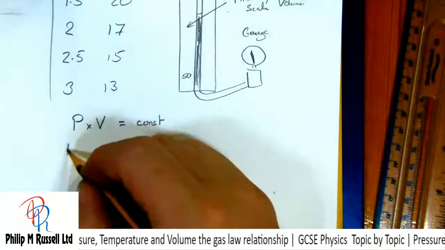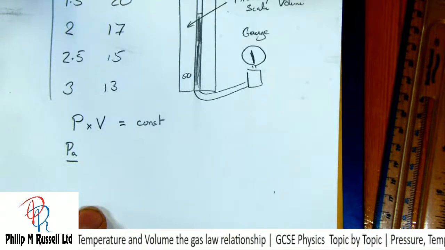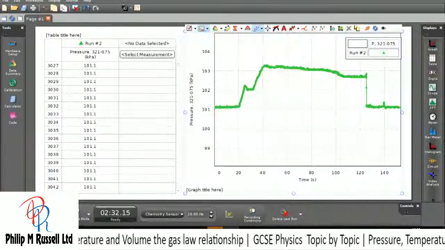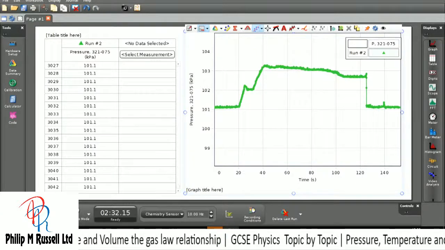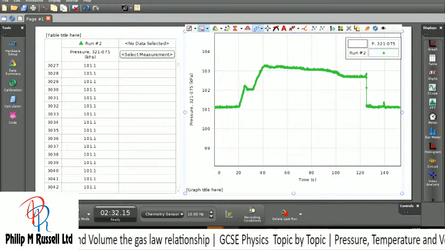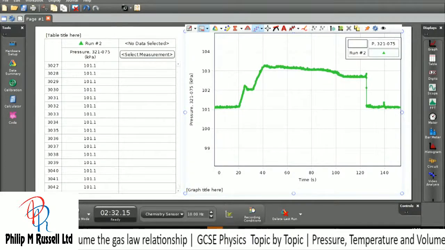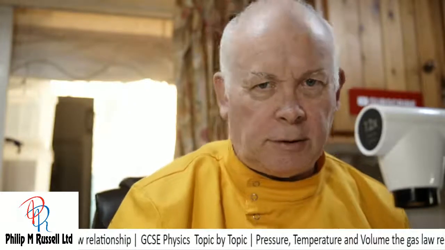When we do that, our pressure is typically measured in pascals. When we looked at the first experiment, I was measuring this pressure, as you can see on the graph label there or on the table, in kilopascals. For this experiment, I've got kilograms per centimetre squared. It's just the different units that the dials were using.